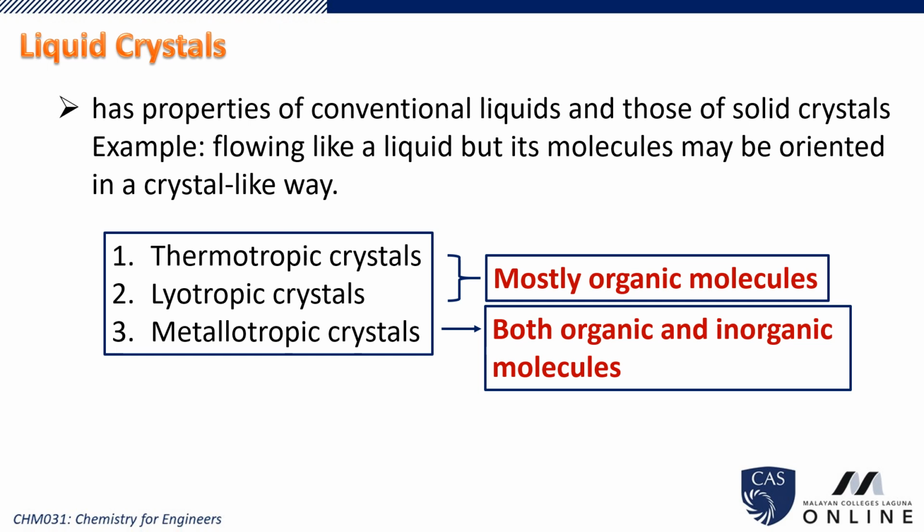Liquid crystals are classified into thermotropic, dependent on temperature; lyotropic, dependent on temperature and concentration; and metallotropic, dependent on composition and structure. Thermotropic and lyotropic crystals are mostly organic molecules, but metallotropic crystals are both organic and inorganic molecules.